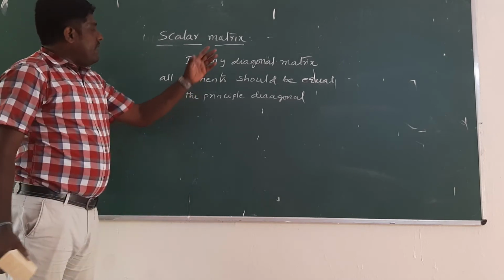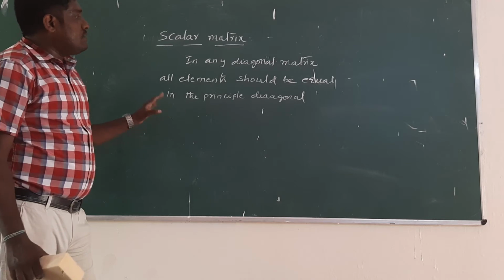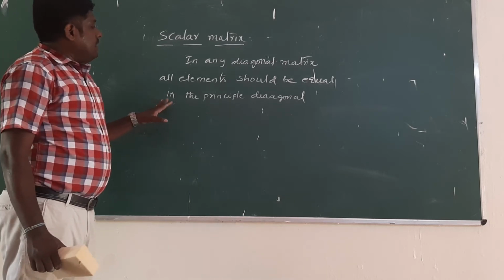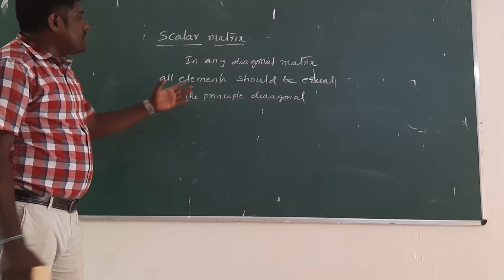In any diagonal matrix, all elements in the principal diagonal should be equal. Those matrices are called scalar matrices. In any diagonal matrix, all other elements should be 0, and the elements in the principal diagonal should be equal.